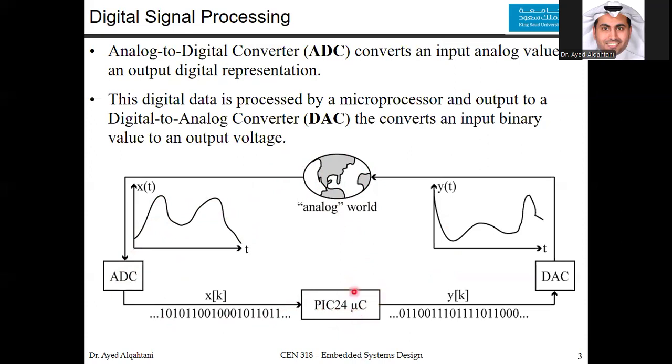It will do the processing and generate the digital output. And then if it needs to be given back to the system in the real world, it is converted back to a continuous analog signal using the DAC, or the digital to analog converter.